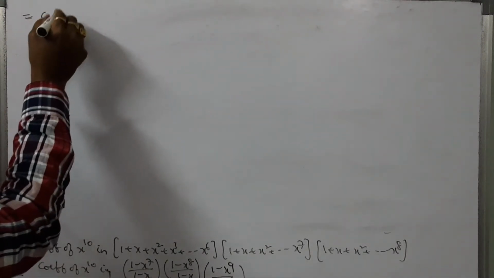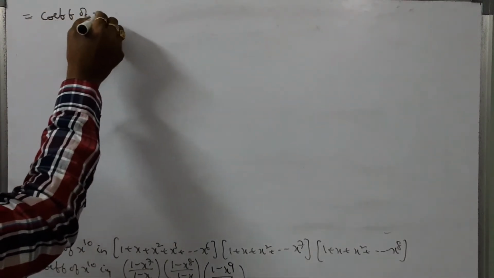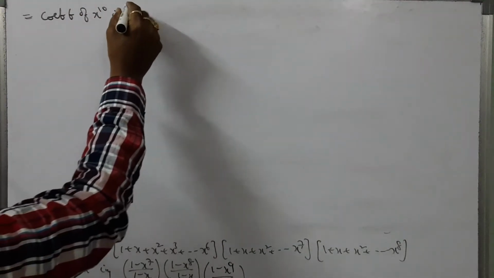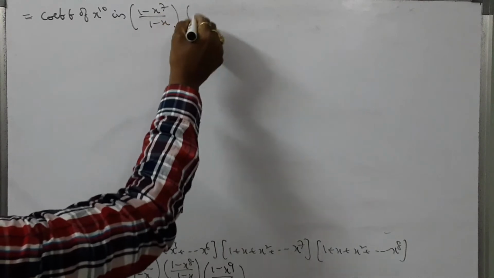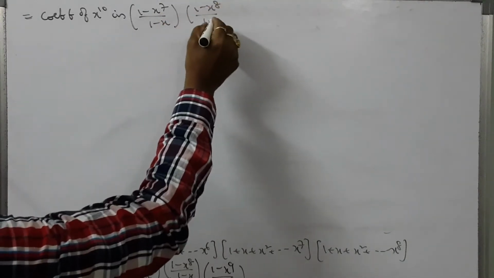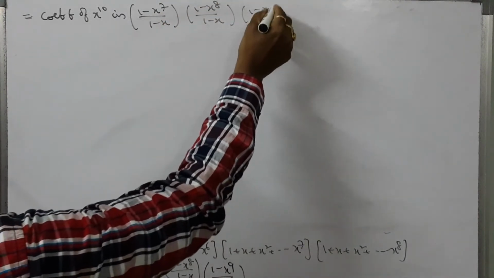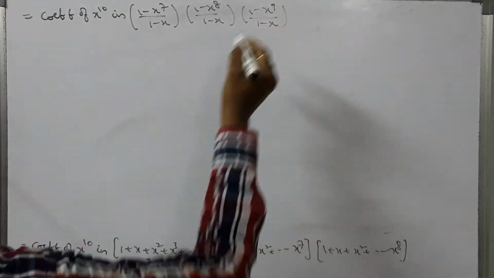Coefficient of x power 10 in (1 minus x power 7) by (1 minus x), (1 minus x power 8) by (1 minus x), (1 minus x power 9) by (1 minus x).